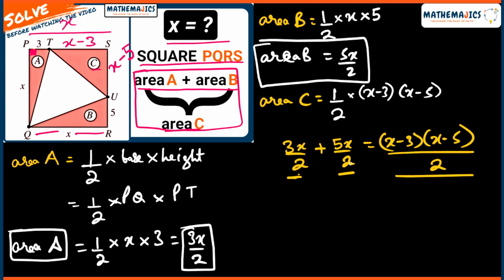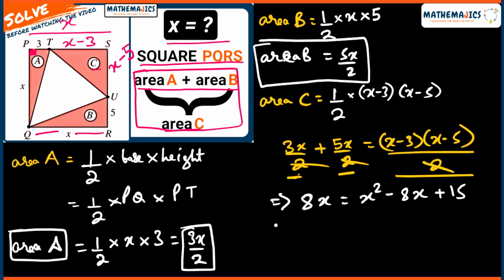Now 2 can be taken as LCM, and here also we have LCM as 2, so 2 can be removed, correct? Now if we simplify this, we will get 8x equals x square minus 8x plus 15.